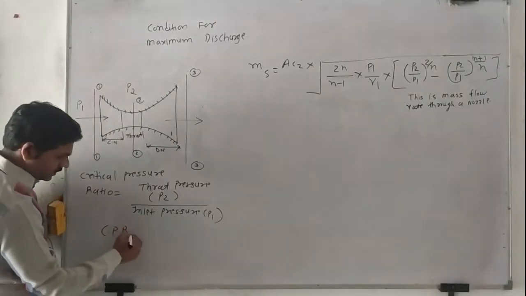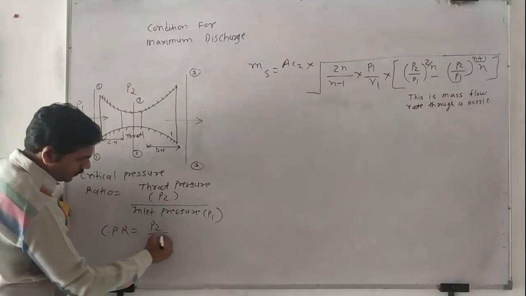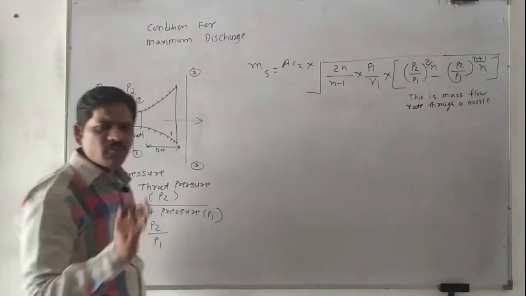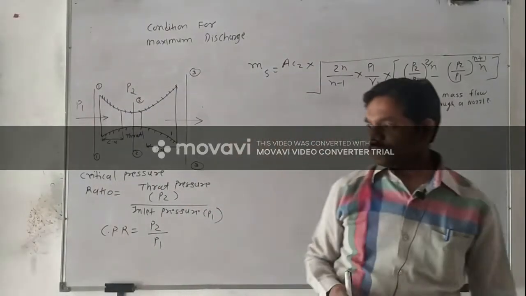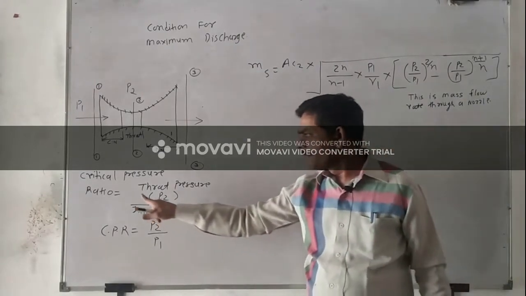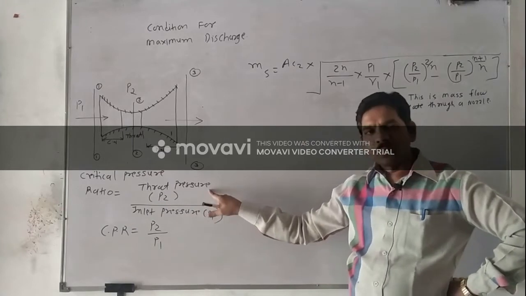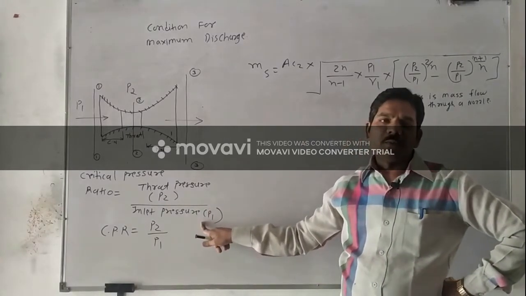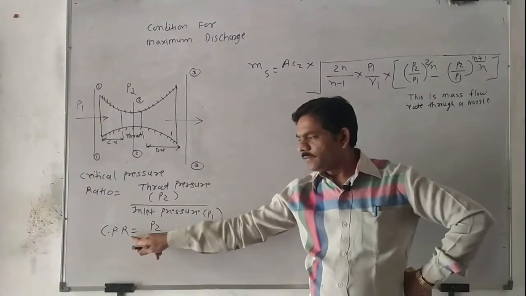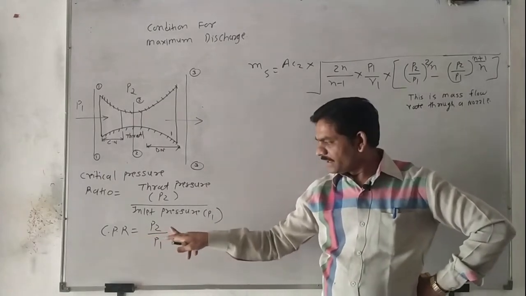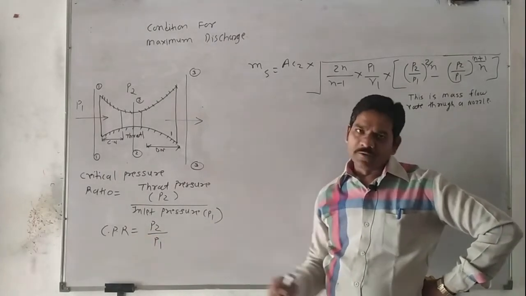Critical pressure ratio is equal to P2 upon P1. Okay, very easy definition. Once again I repeat: the critical pressure ratio is the ratio of the throat pressure to the inlet pressure of steam. Mathematically, it is P2 upon P1.